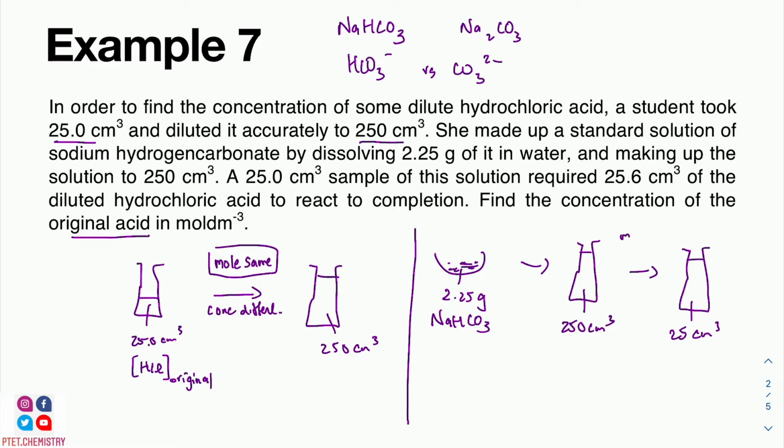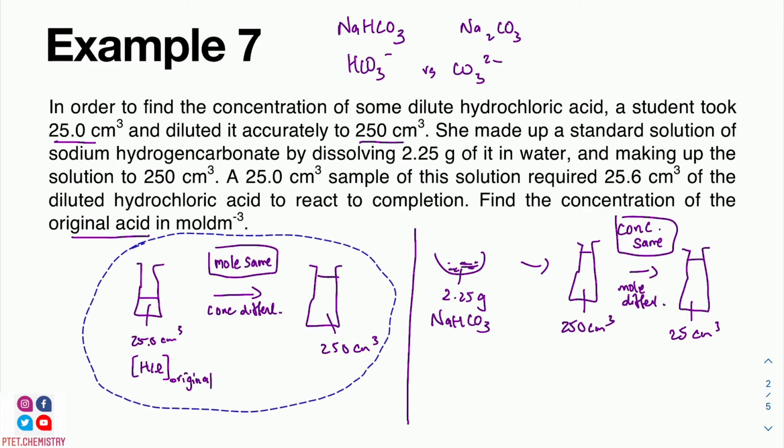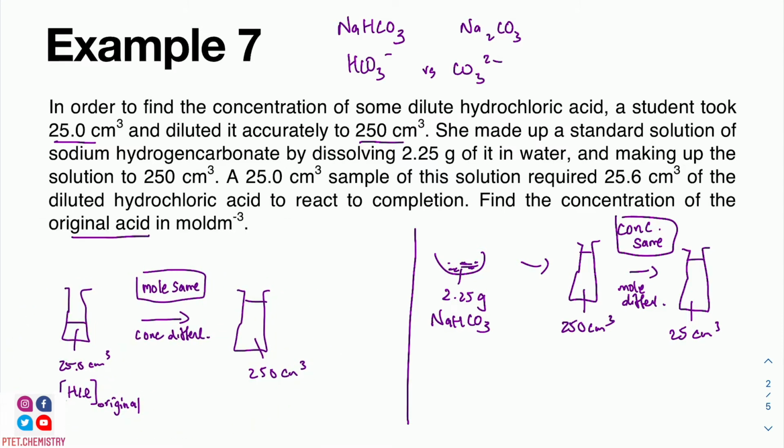So here we know the mole is different, but the concentration is the same. When you take out 25 cm³, the concentration is the same, but the mole is different. Whereas here, when you do dilution, the mole is the same, but the concentration is different.